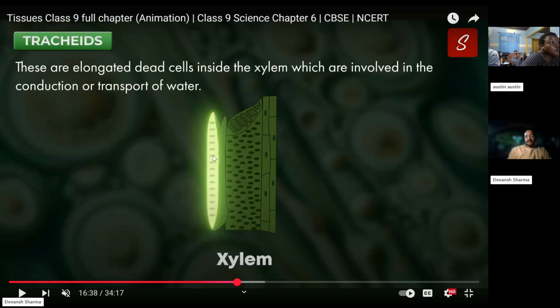That is your tracheid. Label it. Can you see these dot-like structures in this bright part? These are the arrangements of the cells. In this way, the cells are arranged in the tracheids. Good.